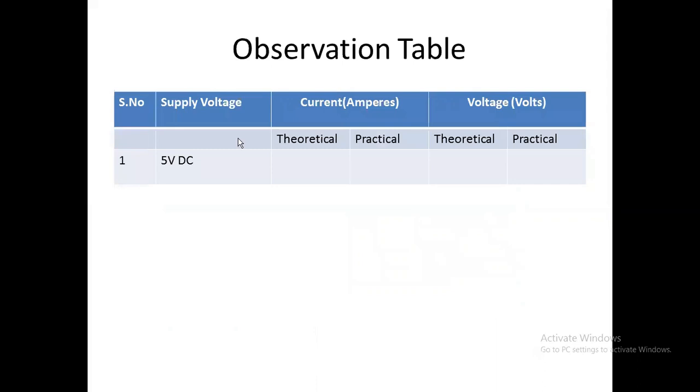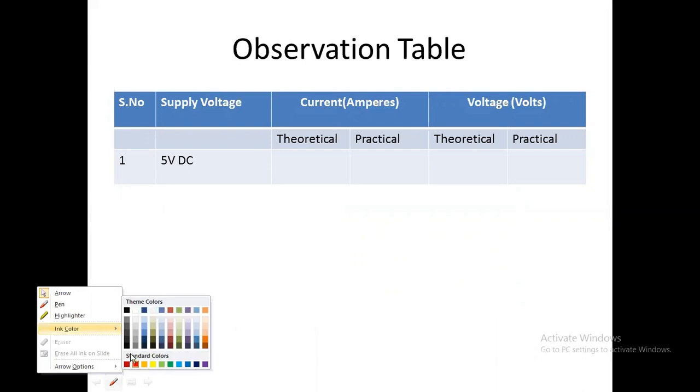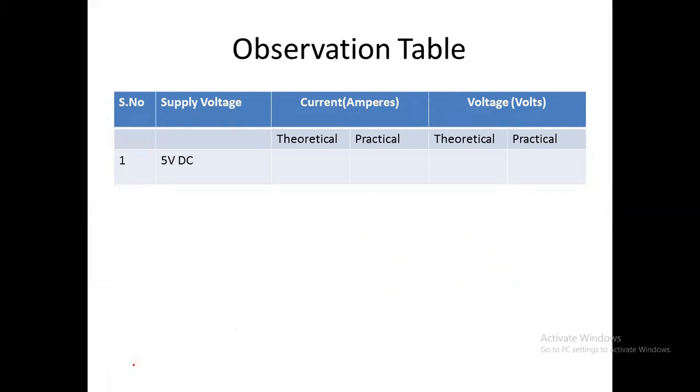Now, in the observation table, you have already calculated the theoretical values. The theoretical value of the current flowing through the 390 ohm is 0.0102 amperes. The practical value we will see using the software tool, which is SEQUEL. And the voltage we have found out is 3.987.